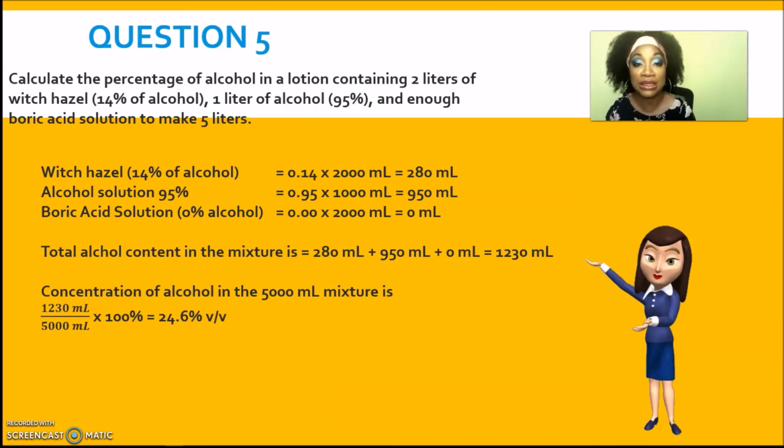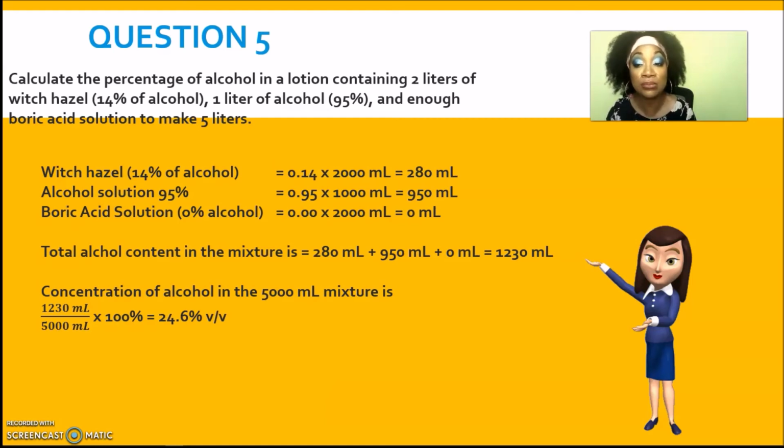So 14% of 2000 mL will give us 280 mL. What does this mean? That 280 mL of pure alcohol is going to be found in that 2000 mL of witch hazel. A 95% alcohol solution was also found in this mixture. So 95% of 1000 mL is going to give you 950 mL. That means it's 950 mL of pure alcohol in the 1000 mL mixture.